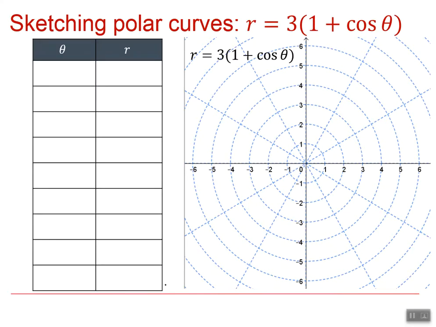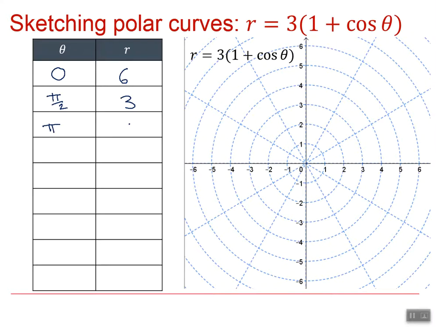Okay, now we're going to look at this curve, which is r equals 3(1 plus cos theta). What we're going to do is look at a couple of key points and think about how theta is changing. If we look first of all at where theta is 0, then r is 6 at that point. If we think about pi by 2, r at that point is 3.